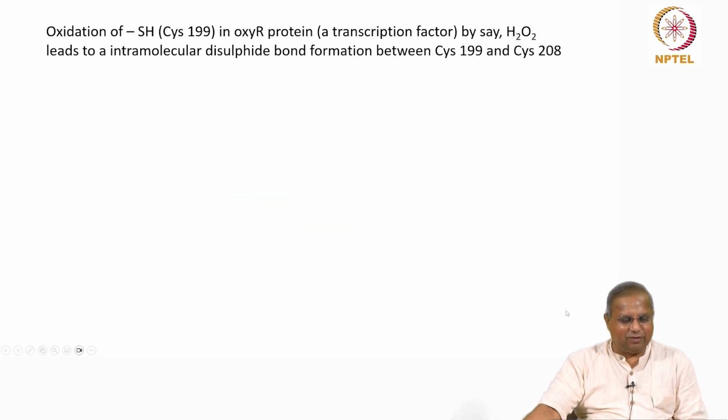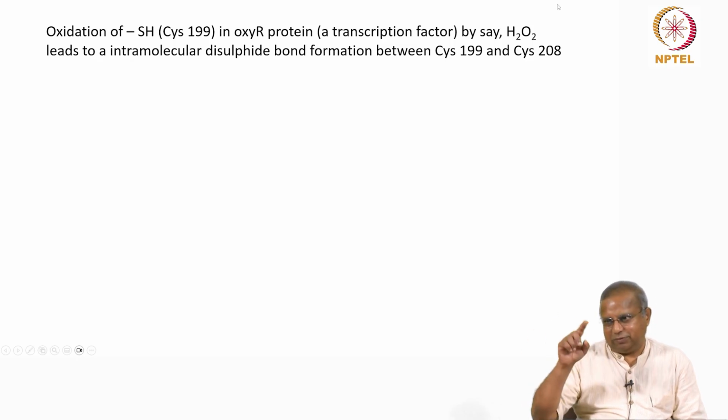Okay. Second example, oxidation of the thiol SH group in the cysteine 199 position in the OxyR protein. OxyR happens to be a transcription factor. Oxidation by, let us say, hydrogen peroxide leads to an intramolecular disulfide bond formation between cysteine 199 and 208.